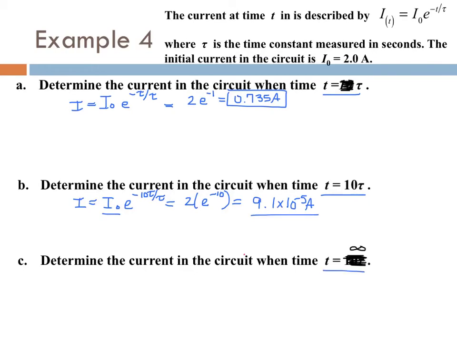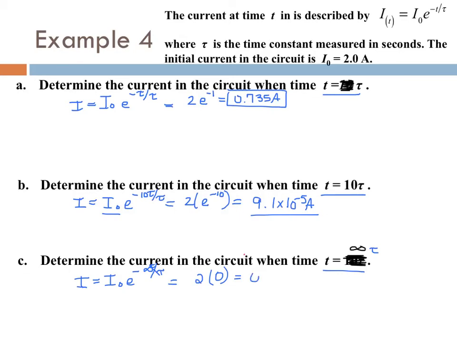So what happens if we put time equal to infinity? Well, if we put time equal to infinity times tau, our taus will still cancel, and e to the negative infinity power gives us 0.